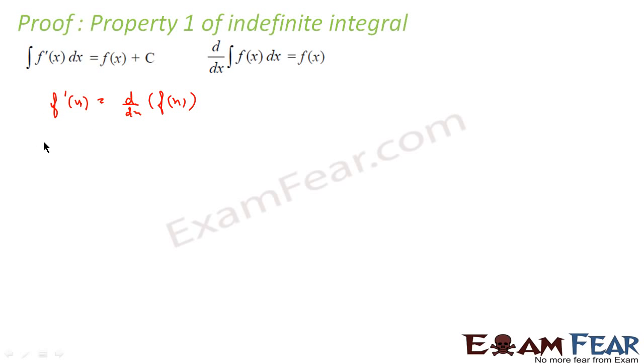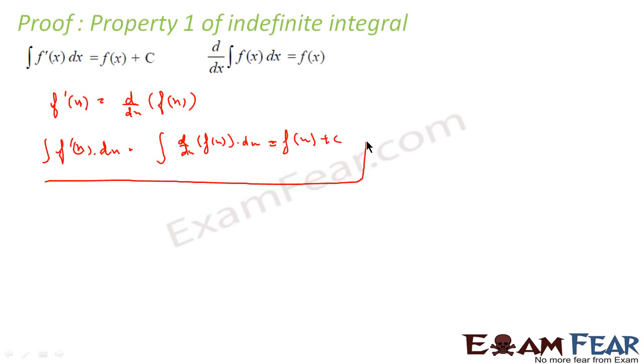You integrate both sides, you get the integral of f'(x) dx is nothing but the integral of d by dx of f(x), and this is nothing but f(x) plus some constant, correct? You integrate a derivative, you get the function, and this is nothing but my first property. Let's try the second property.